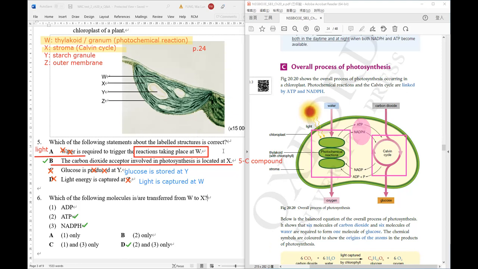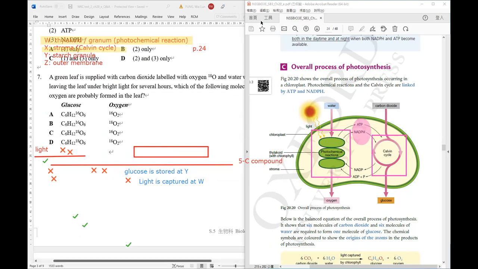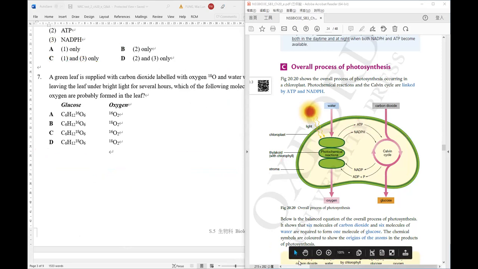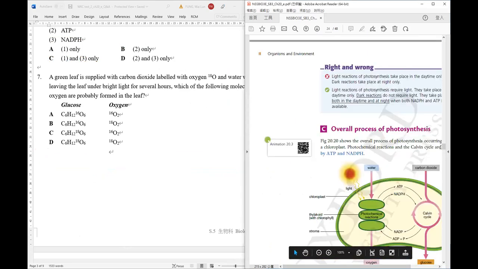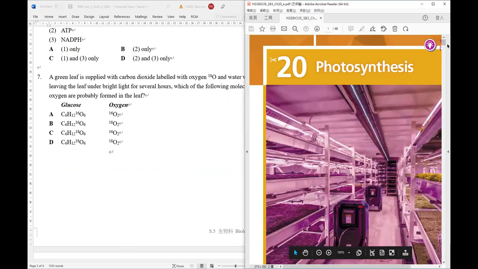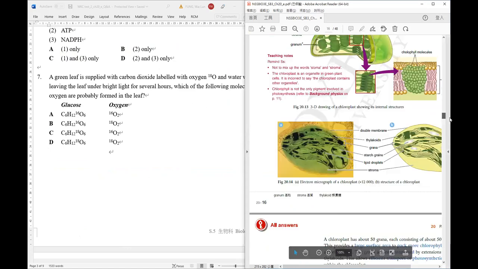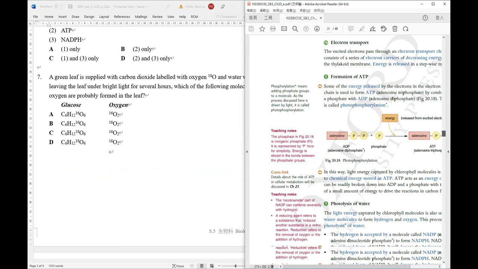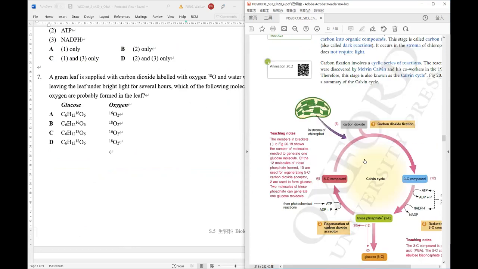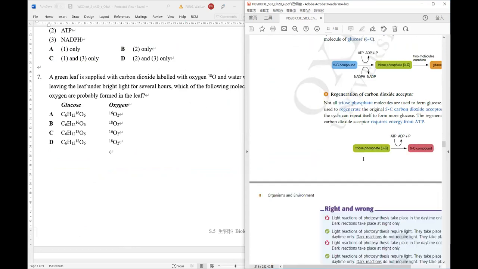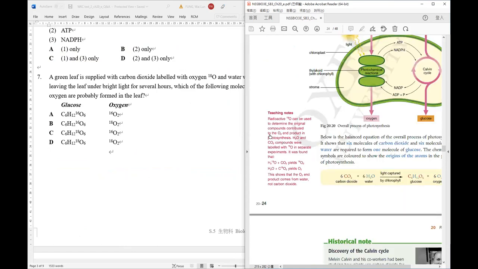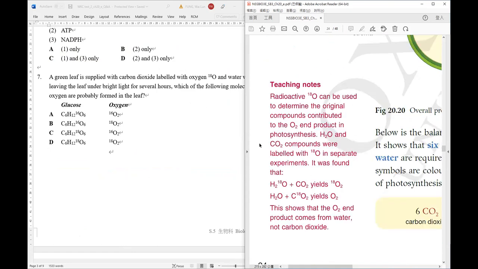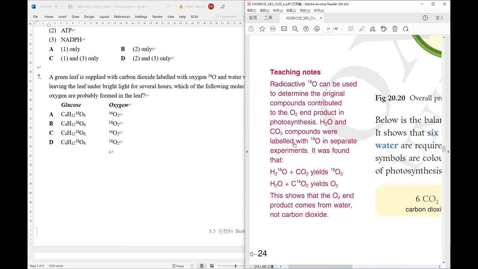Question 6. Okay, question 7. Some of you may want to take a look at teacher's notes. You can refer to these teacher's notes on page 24.